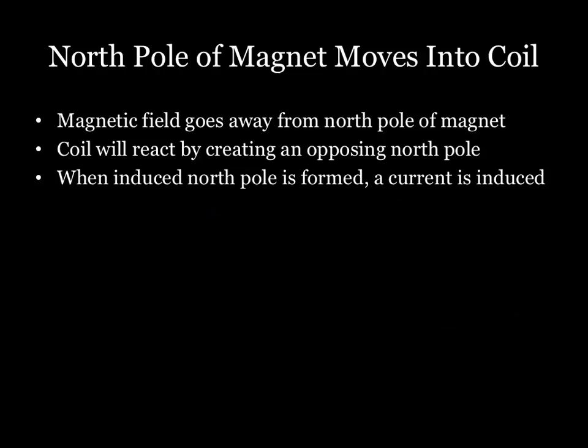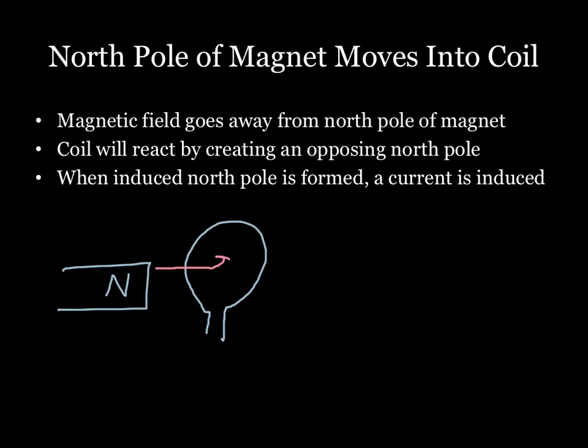In the first situation, the north pole of a magnet, so here's my north pole, will move into a coil of wire. So I'm going to draw my coil of wire kind of like this. All right, and remember that magnetic fields go away from the north pole of a magnet. So we can see they're going away from the north pole.